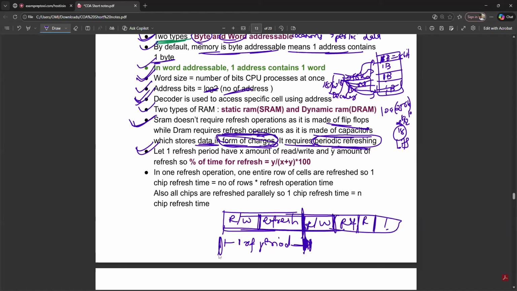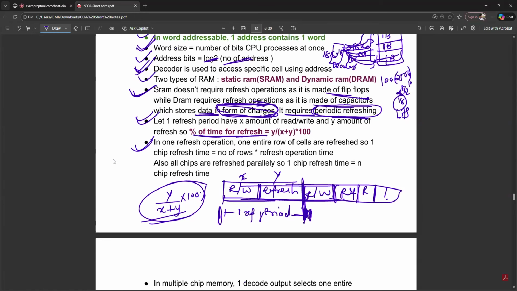This is one refresh period. So what is the percentage of time for refresh? Y divided by X plus Y, into 100%. It's simple. This is an important point.